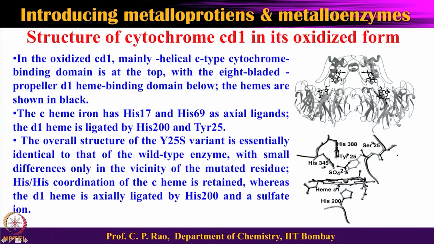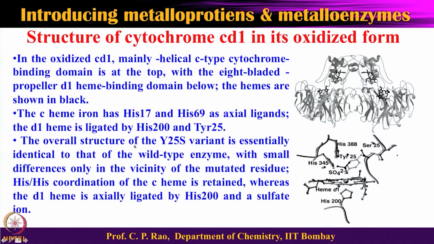So, the C part of it and the D part of it are one over the other. The C has histidine 17 and histidine 19 as the actual ligands, which you cannot see so much over here, and in the D case you have tyrosine 25 close by.